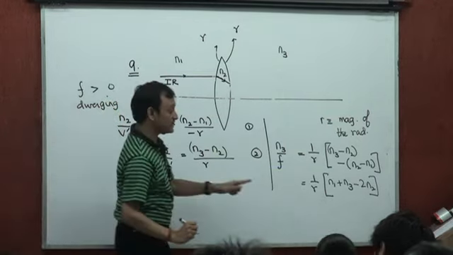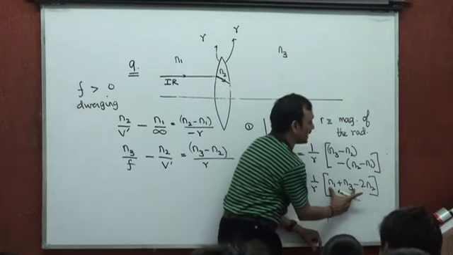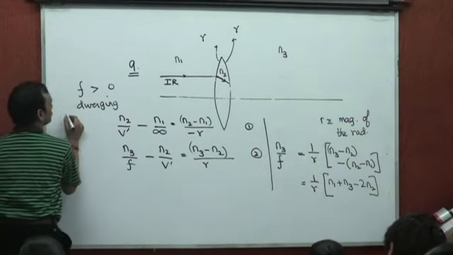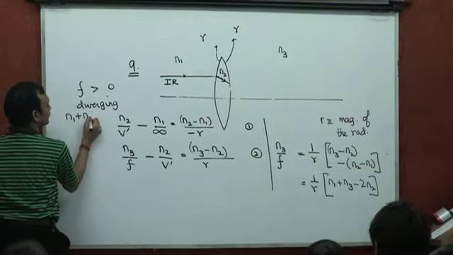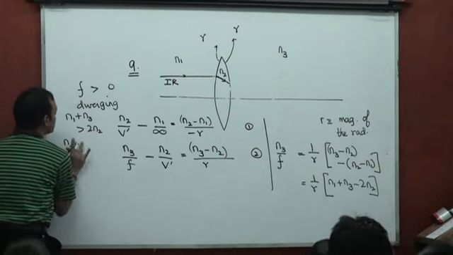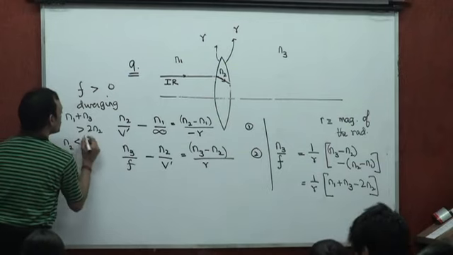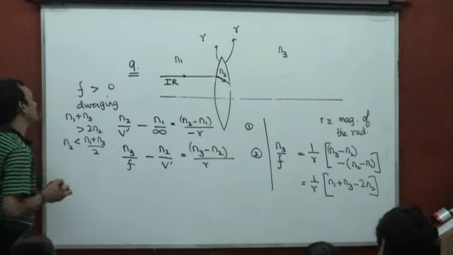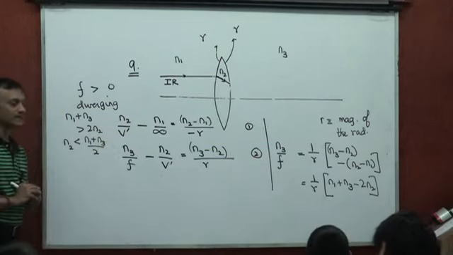Now, when is f greater than 0? F would be greater than 0 when n1 plus n3 is greater than 2n2. That means N2 is less than the arithmetic mean of N1 and N3.